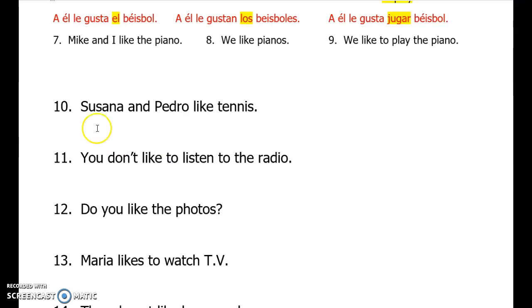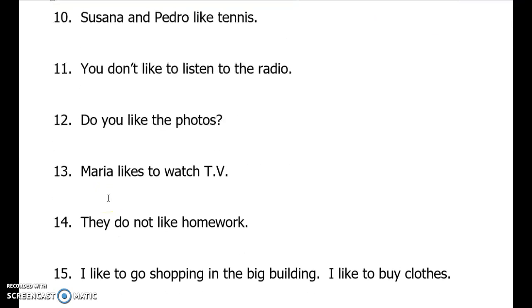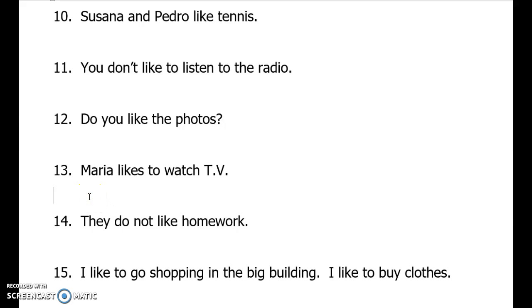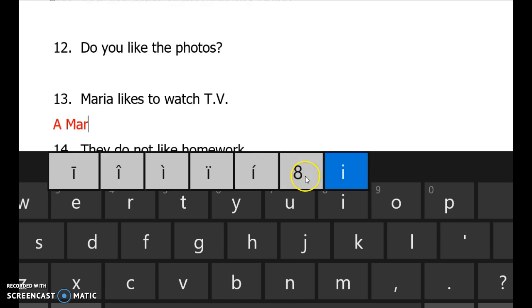So let's go with Maria right here. We'll start with number 13. We can go out of order, it doesn't matter. We're going to say Maria likes to watch TV. We're going to use a name in this sentence. We haven't done this yet. A María. María happens to have an accent mark over the I in Spanish.